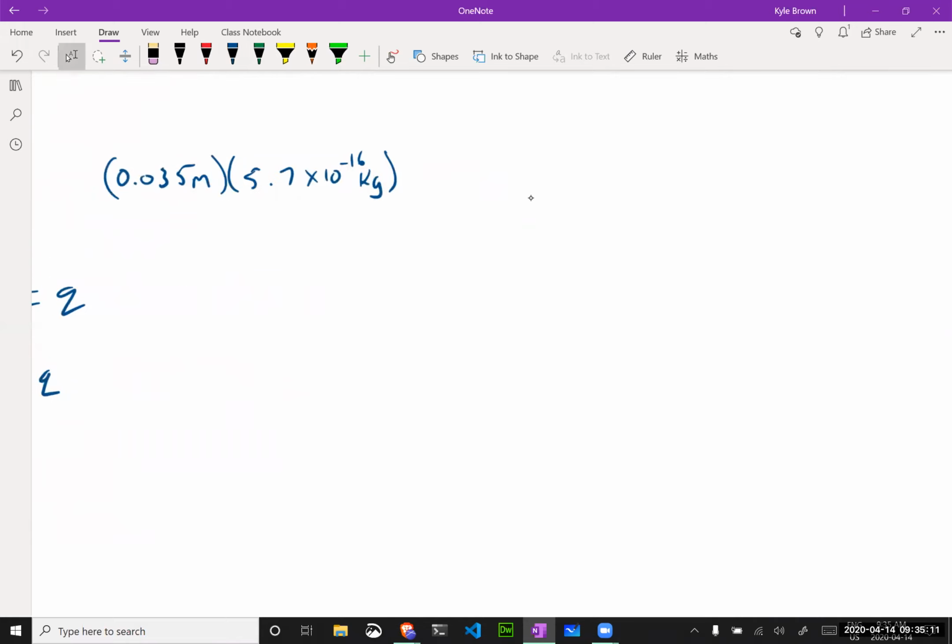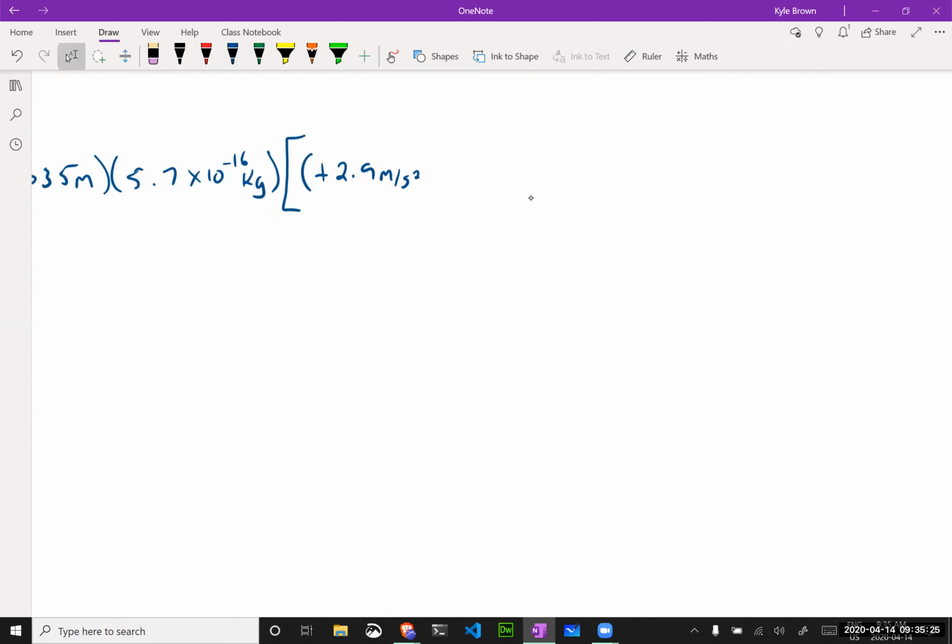And then that is times, so I'm going to use square brackets so I don't get confused here, positive 2.9 meters per second squared. That was our acceleration of the oil droplet. And then minus, and then this is where you gotta make sure it's minus negative 9.81 meters per second squared. So that's really gonna become plus.